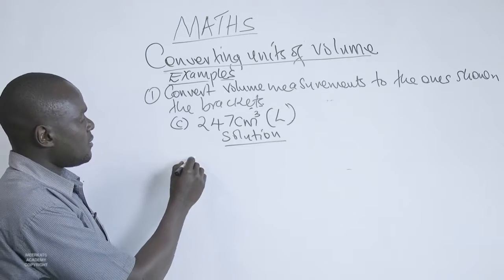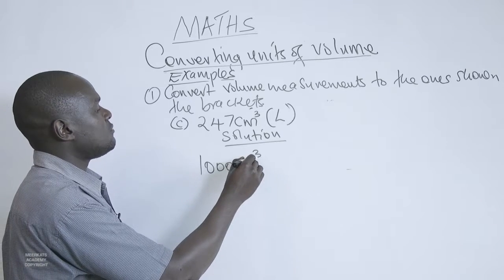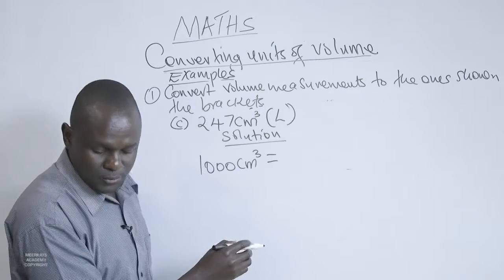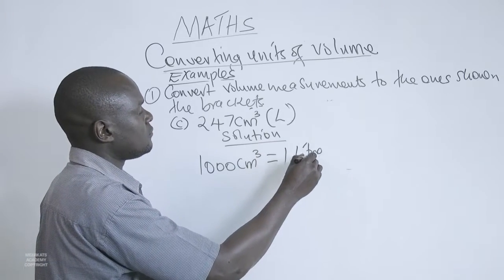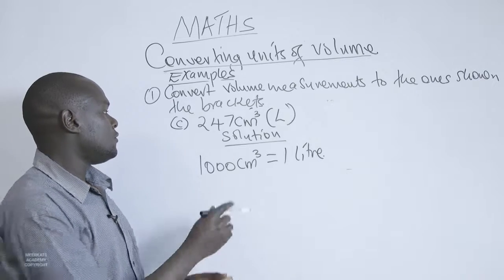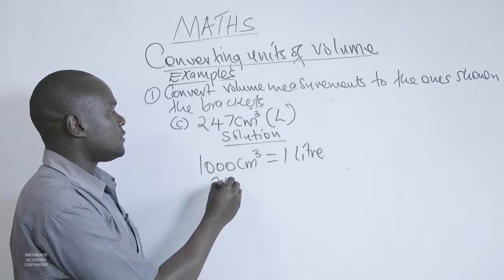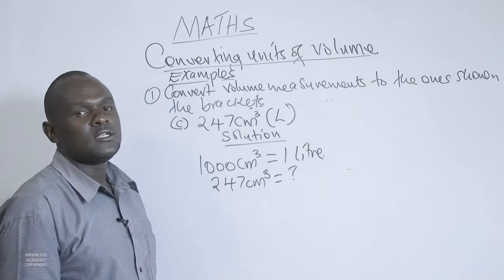And we have just learned that 1000 cubic centimeters are equivalent to 1 liter. So if we have 247 cubic centimeters, this will be equal to how many liters?